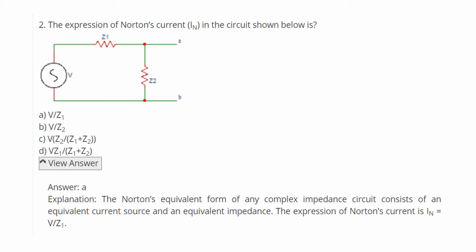Answer is A, correct. Explanation: the Norton's equivalent form of any complex impedance circuit consists of an equivalent current source and an equivalent impedance. The expression of Norton's current is IN equal to V upon Z1. So answer A is correct.